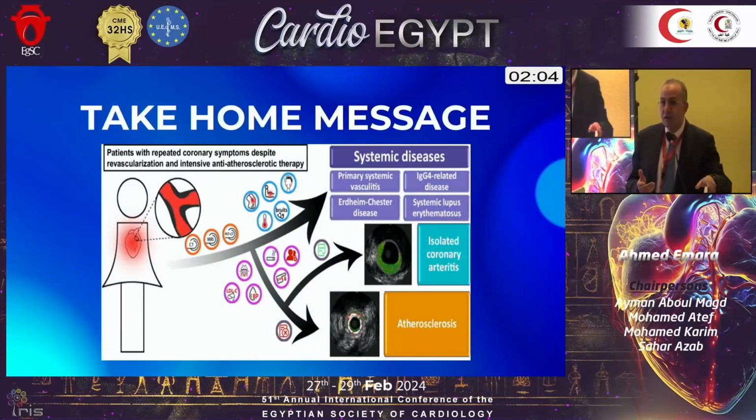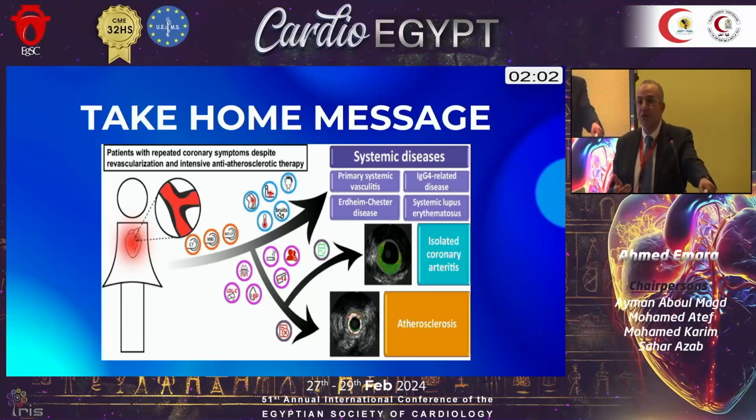We should pay attention to young patients presenting with ischemic manifestations. This young guy presented with chest pain and ECG changes consistent with acute coronary syndrome, like ST segment elevation or depression. We should pay attention to whether this is atherosclerotic or inflammatory.